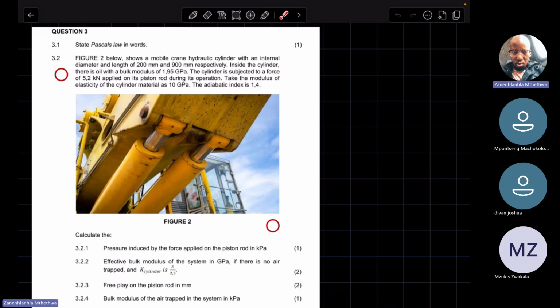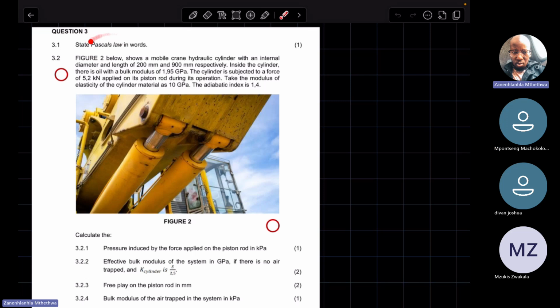So if you have a closed hydraulic system, it would operate under Pascal's law, and how you state Pascal's law is based on the system being closed. Are we together? Yes, sir, we are together.